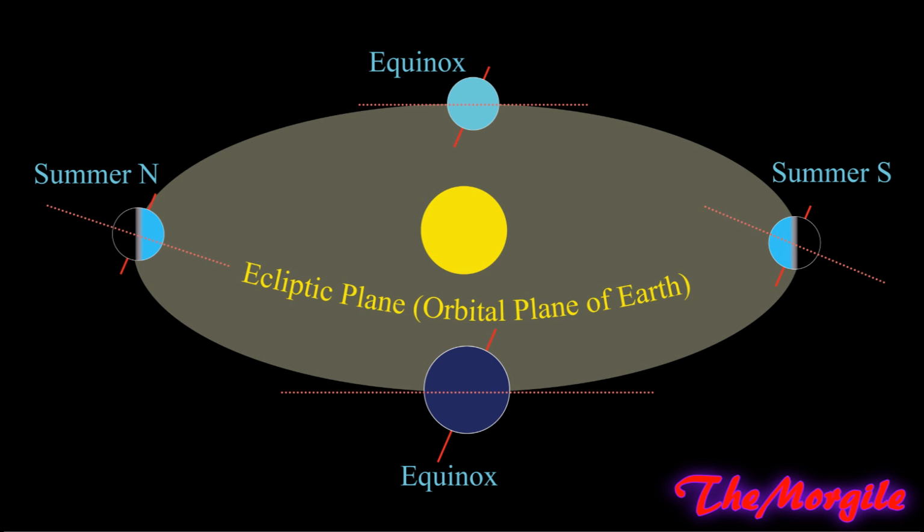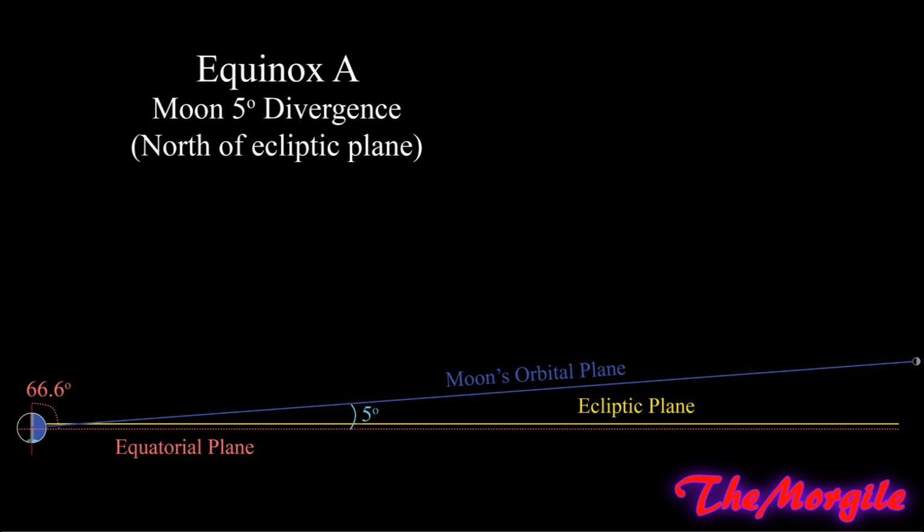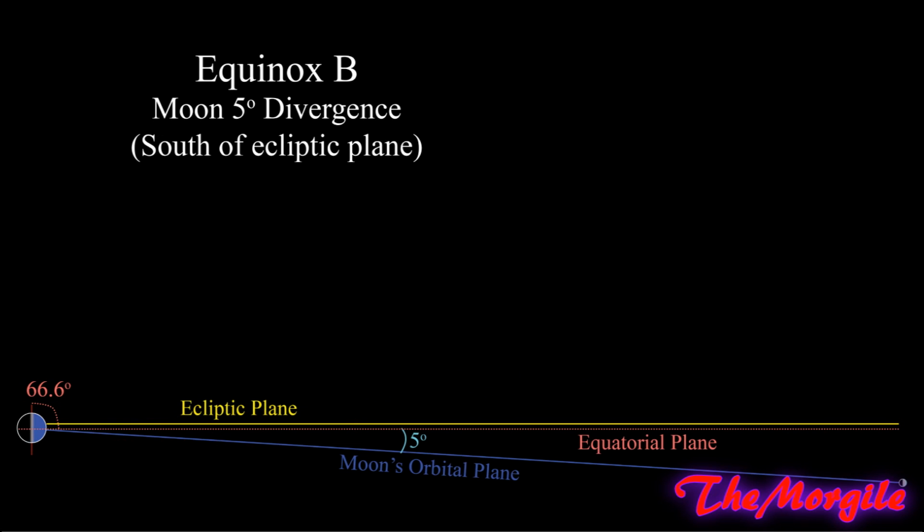Now, it is claimed that the moon's orbital plane is consistently 5 degrees divergent from the ecliptic, meaning the possibility of the moon remaining in between the tropical areas all the time would be impossible. The only way that would be possible is if our equatorial plane was always aligned to the ecliptic and the moon was 5 degrees misaligned to the ecliptic.